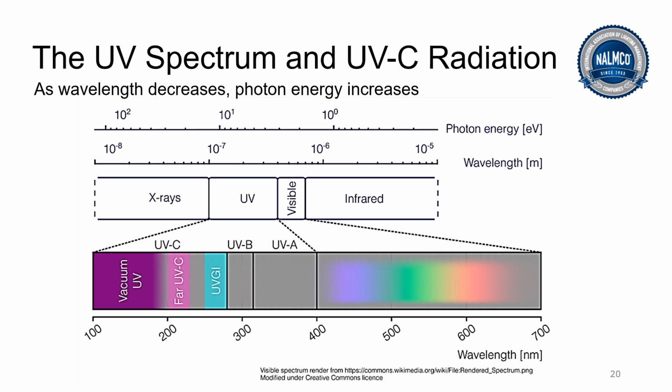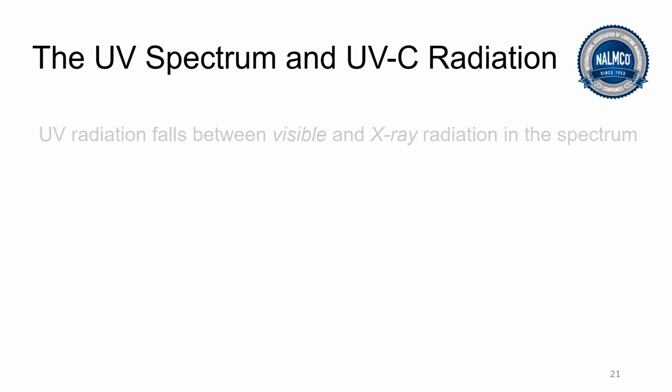So here we see the UV spectrum, and we see that there's UVA, UVB, and UVC, and then the vacuum ultraviolet. And eventually, if you go below the ultraviolet band, we get into X-rays. And if you go too far into the visible, you can actually get to some infrared.